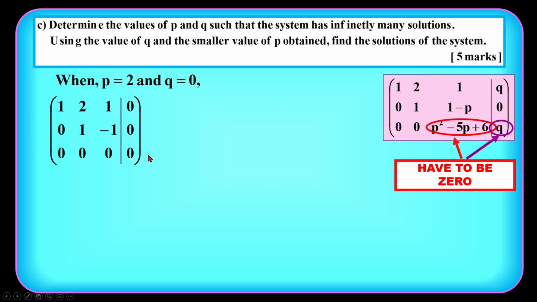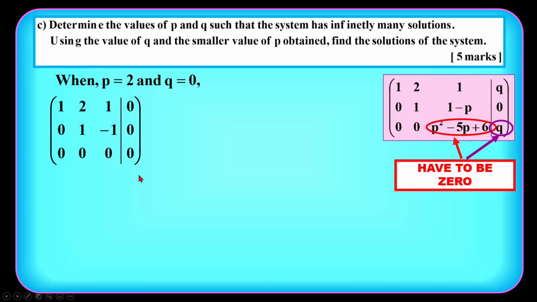So now to solve this system, to find the solution of this system, I need to change this augmented matrix back into my linear system. As you know, the first column represents all your x, the second column represents your y, and the third column represents your z.